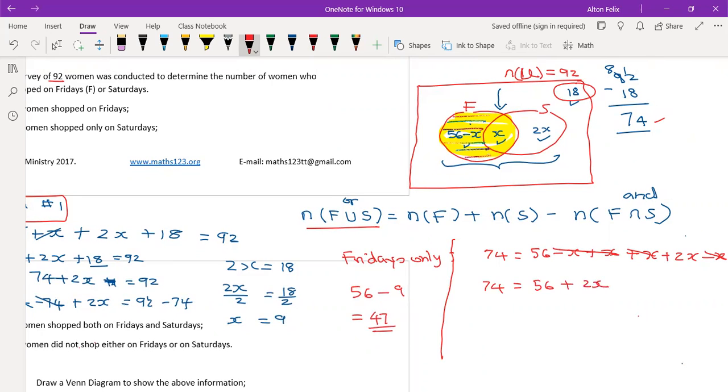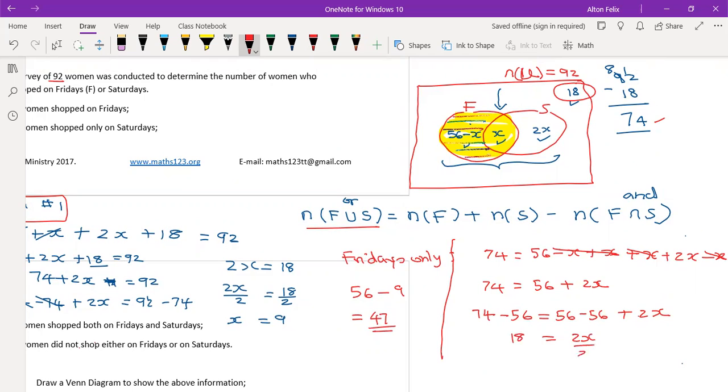So you notice that it resembles what we would have done just now. So 74, we're going to subtract 56 on both sides to eliminate that 56 on the right hand side, plus 2x. So we end up with 18 equals 2x.